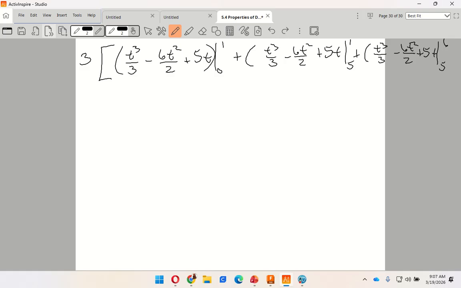So let me show you what's going to happen in flipping it here. Top minus bottom, so that's going to be 1/3 minus 6 over 2, right? Which is 3, plus 5, minus the bottom, which is 125 over 3, minus 25 times 6 is 150 over 2, which is 75, plus 25.